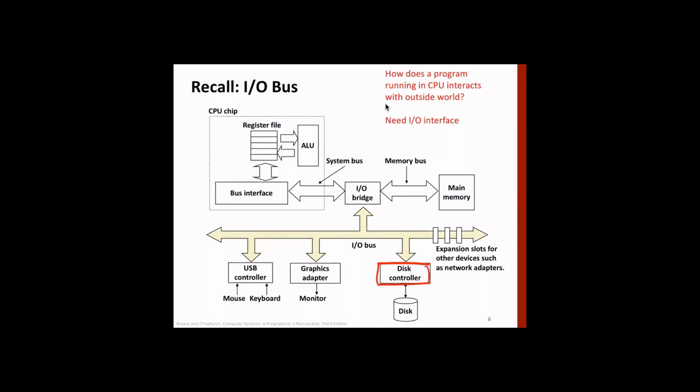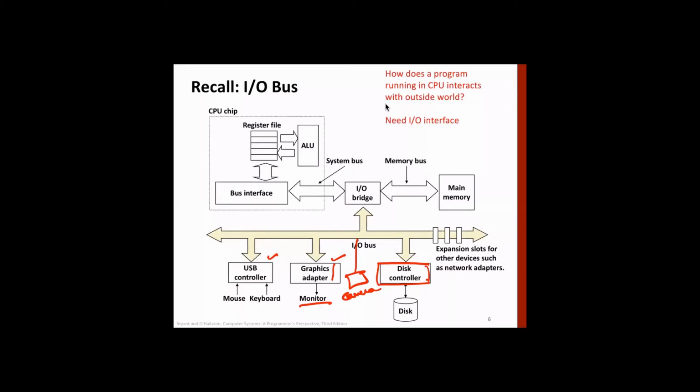Okay, and the disk is connected to the IO bus, which is treated at the same level as a USB drive or USB memory, or a monitor, for example, graphics. A graphics adapter is there, and then the disk, and any other device like that one can connect here, say a camera can also come here. All right.